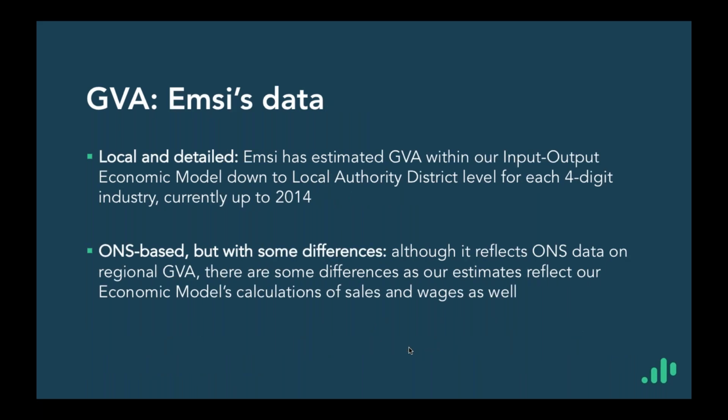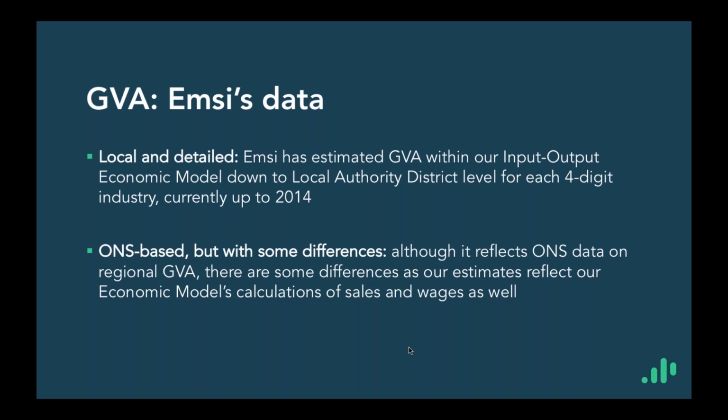Just a minute to explain how we're using GVA and aligning that with our existing labour market information. The approach that we take to data is to ensure that it's local and detailed. So we've estimated GVA within our input-output economic models. We believe that's where it has the most strength.